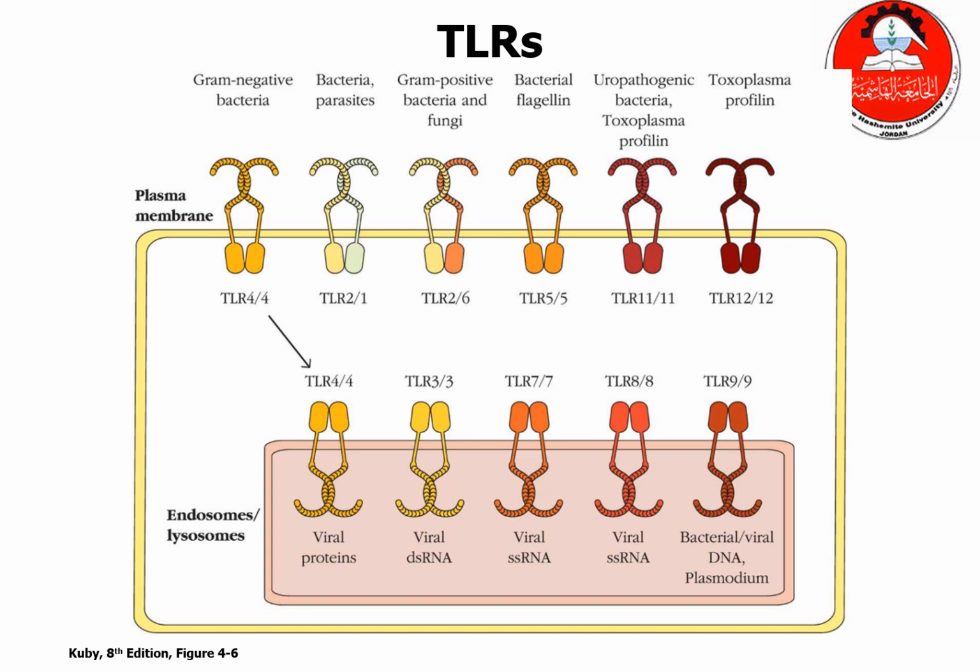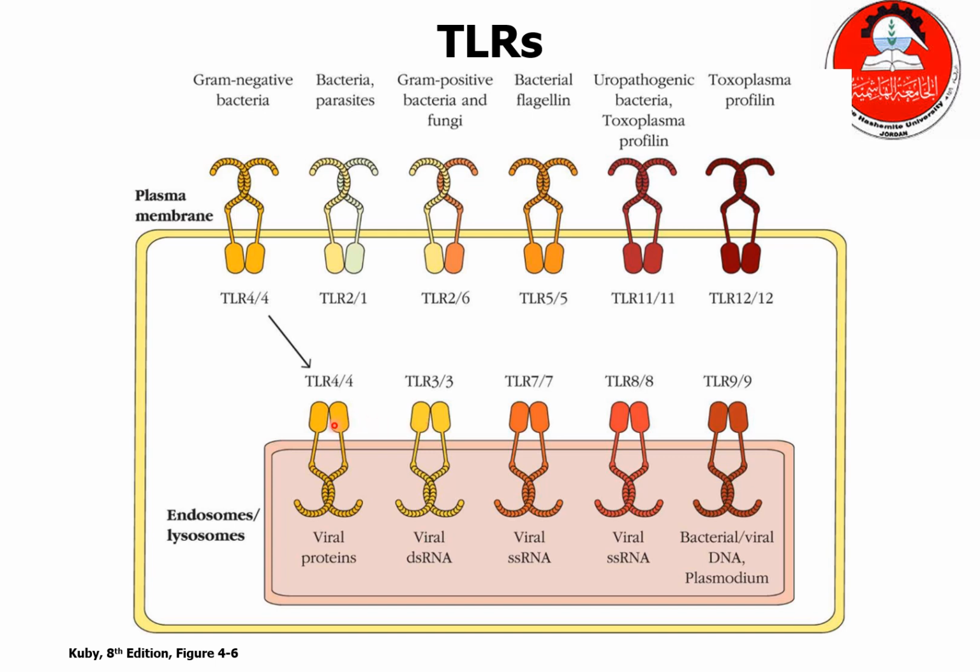So we talked about the TLRs. We have multiple types of TLRs. TLRs are a type of pattern recognition receptor. So we have the TLR4 here, for example. It binds to gram-negative bacteria. TLR5, for example, recognizes bacterial flagellin.